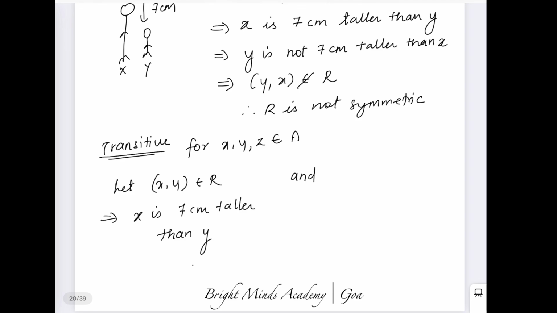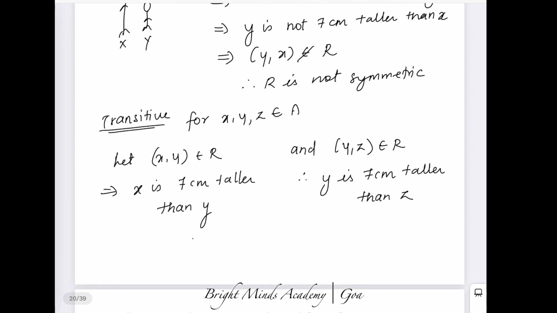Let (y, z) belong to this relation R, therefore y is 7 centimeters taller than z. This is x, this is y, and clearly the difference between x and y is 7 centimeters.